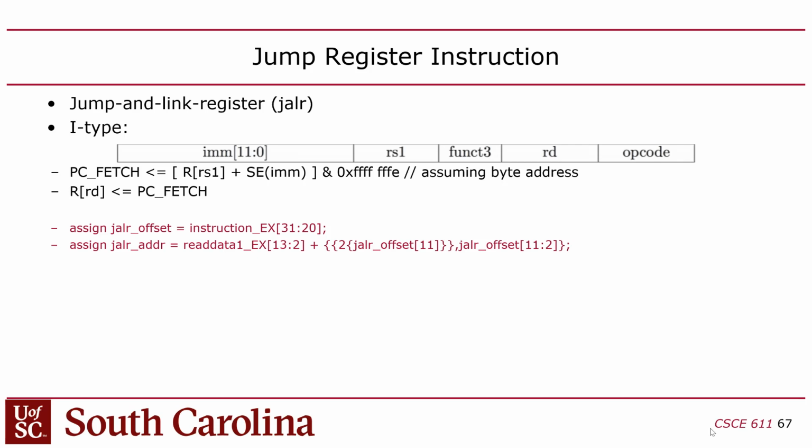When you use jump and link register, it reads a register. Read data 1, that's the contents of the RS1 register, and then you add the offset to it. And you put that in the program counter. So this is what I call the JALR address. Again, I give you the code for this. Now you'll see how all these fit in. This is not PC relative, by the way. This is relative to the register contents.